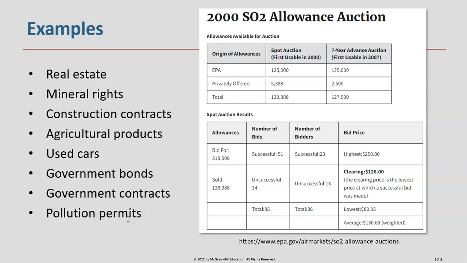There were 85 bidders, and 51 were successful in that their bid was high enough that they were able to buy some of these permits. The clearing price was $126 per ton of SO2 in the atmosphere. The highest bid was $250 and the lowest bid was $80. So there were 34 unsuccessful bidders.